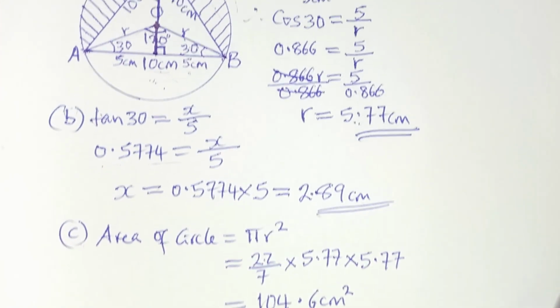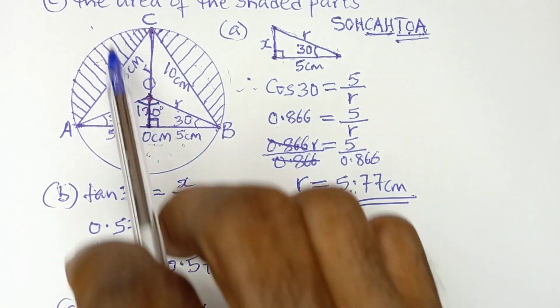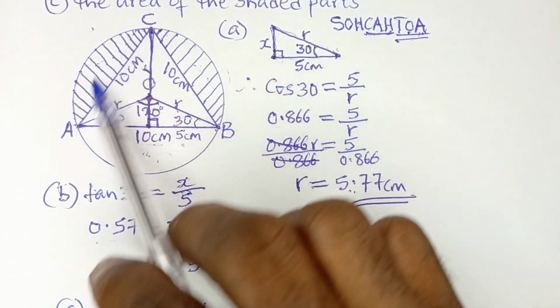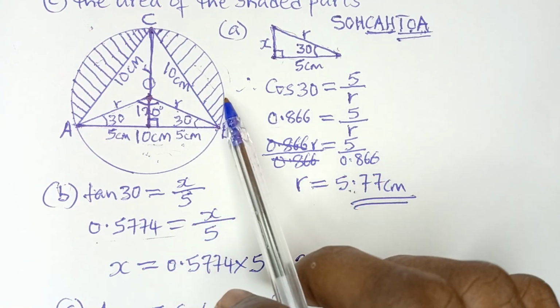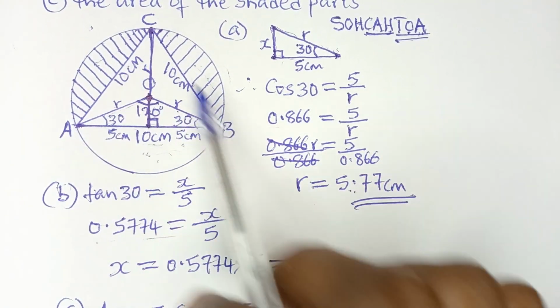Let's look at the shape again. The area that we just obtained is the area of these three parts. But we are looking for the area of the shaded portion, which is equal to the area of two parts, because the shaded part is only these two parts.